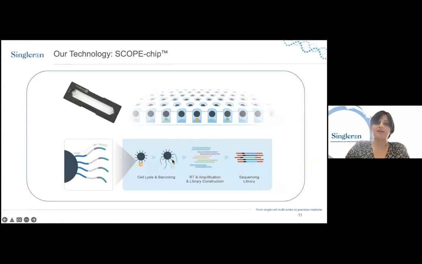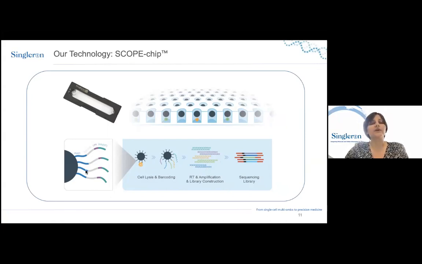Once this happens, we extract the barcoding beads out of the chip. We perform reverse transcription, cDNA amplification, and library construction. In the end, we have a sequencing-ready NGS library, which is compatible with Illumina instruments.